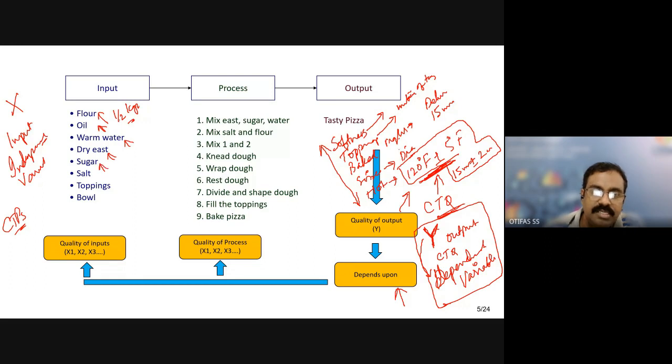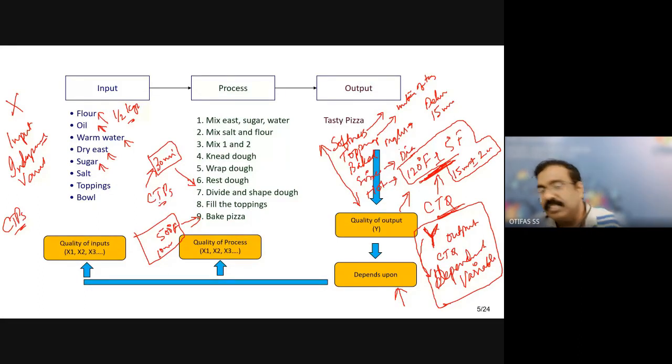All these things, when you specify, for example baking pizza, 500 Fahrenheit for 10 minutes, it is a defined thing. Rest it, how long? 30 minutes, covered with polythene. So all these things are called CTPs, critical to processes.